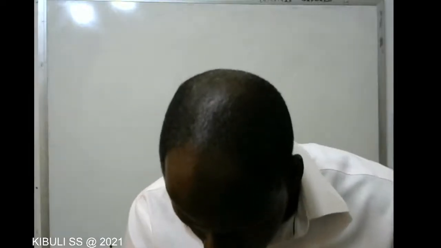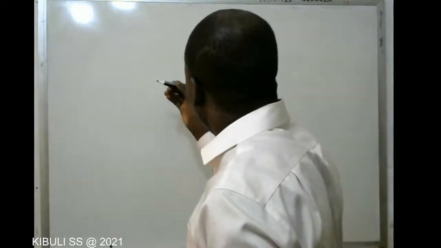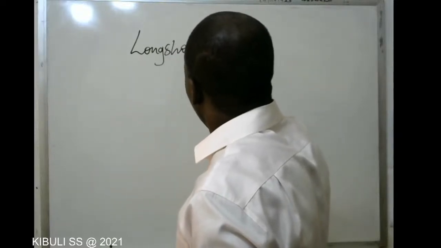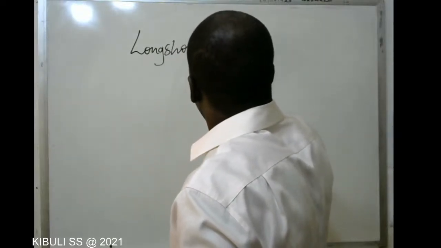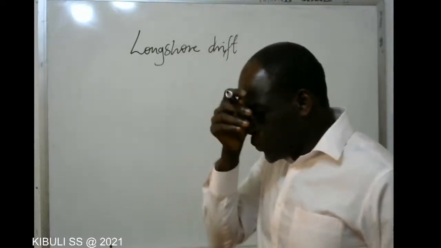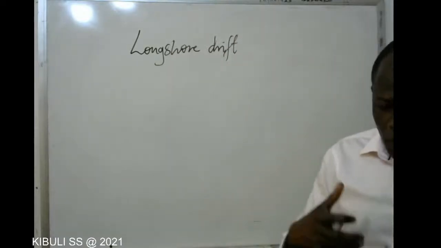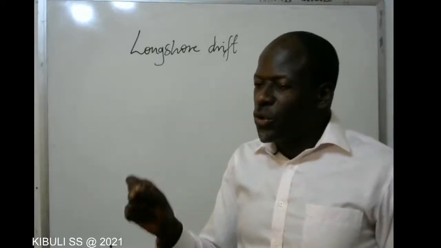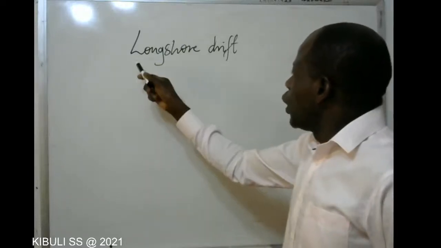And this process of carrying materials towards the coast by the waves is what we are terming longshore drift. So there is a term that we are going to use in this context of wave deposition: the waves carry materials towards the coast in a process known as longshore drift.